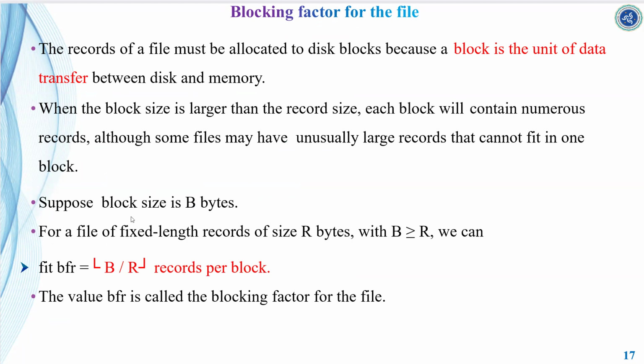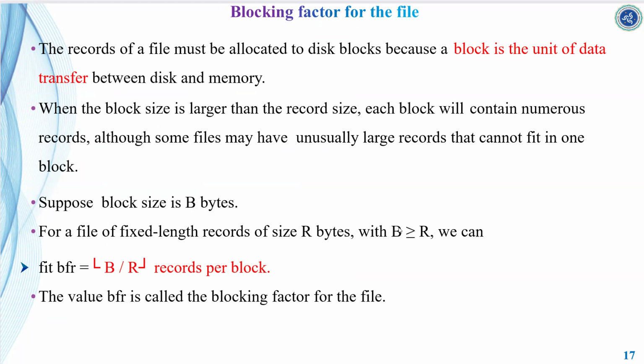Suppose you have a block size of B bytes and fixed length records of size R. R is the given size of record and B is the block size.